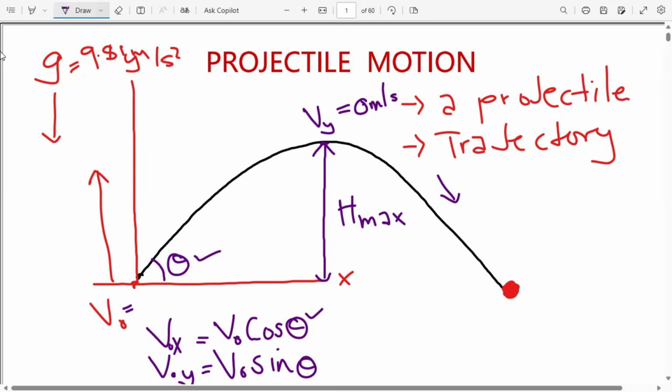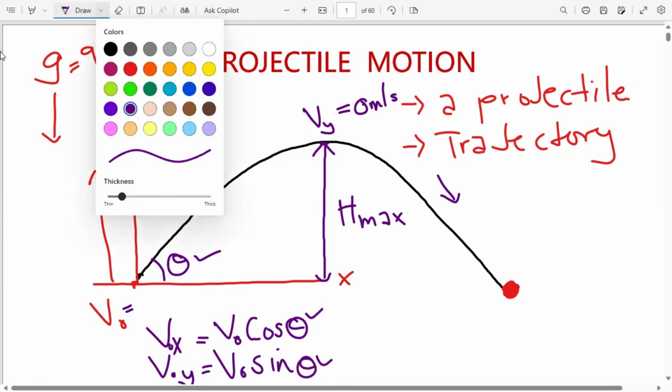Which means if you're dealing with the x-axis only, you're going to use this as your initial velocity. If you're dealing with the y-axis only, you're going to use this as your initial velocity. And since we've said gravity is only existing in the y-axis, one thing you're also going to notice is that it doesn't affect the motion in the x-axis. It is only existing in the vertical axis, hence it is not going to disturb anything in the x-axis. What does that imply?